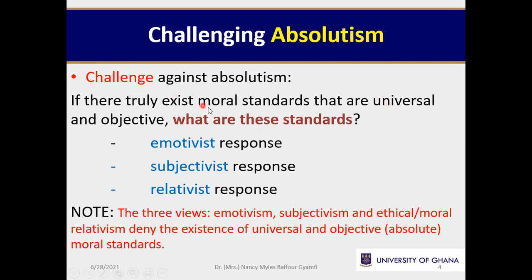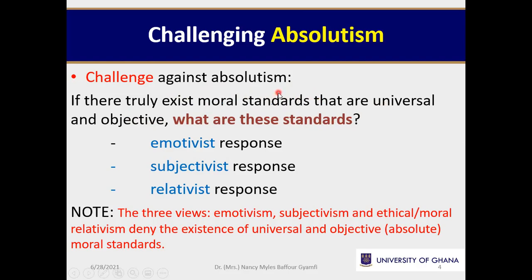Now you'll be amazed that there are challenges raised against the absolutist view that we have shortly outlined. Absolutist view, also called objectivist view, also called universalist view. What are some of the challenges leveled against that view?